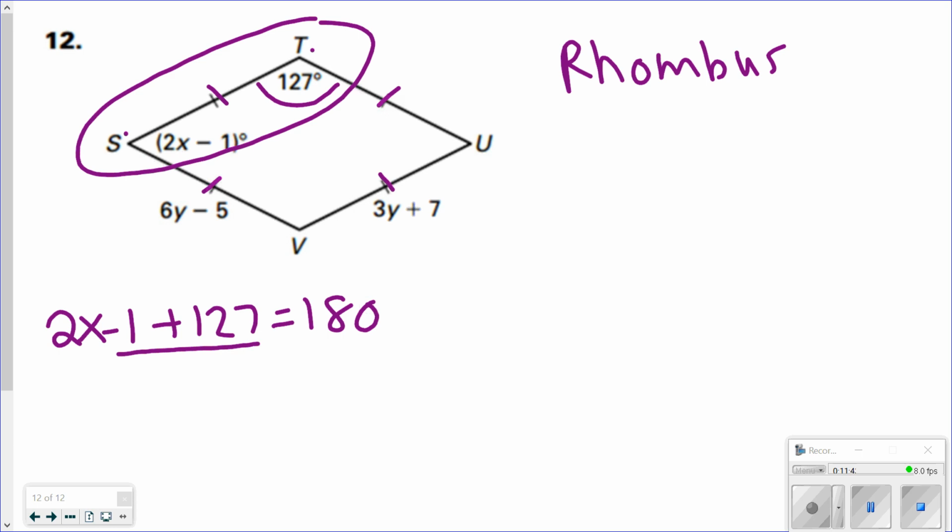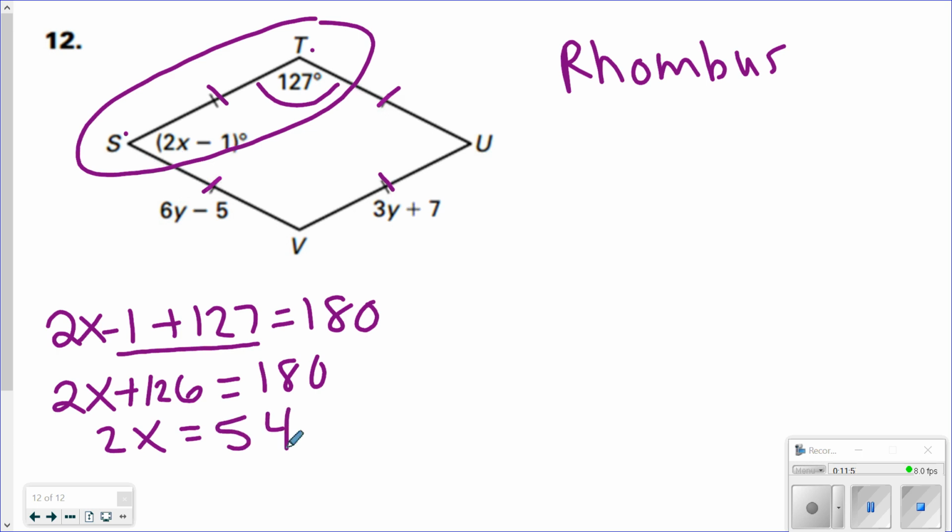Combine your like terms, and we get 2x plus 126 is equal to 180. Subtract 126 from each side. We get 2x is equal to 54. Divide by 2. x is equal to 27.